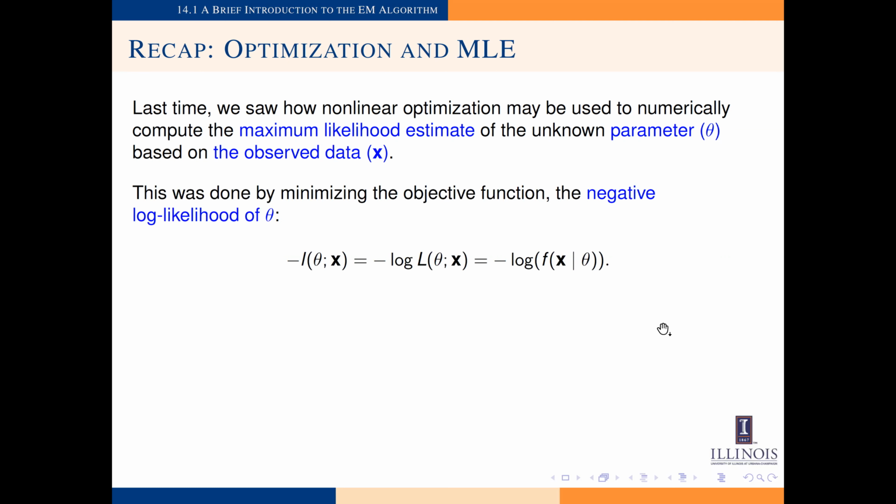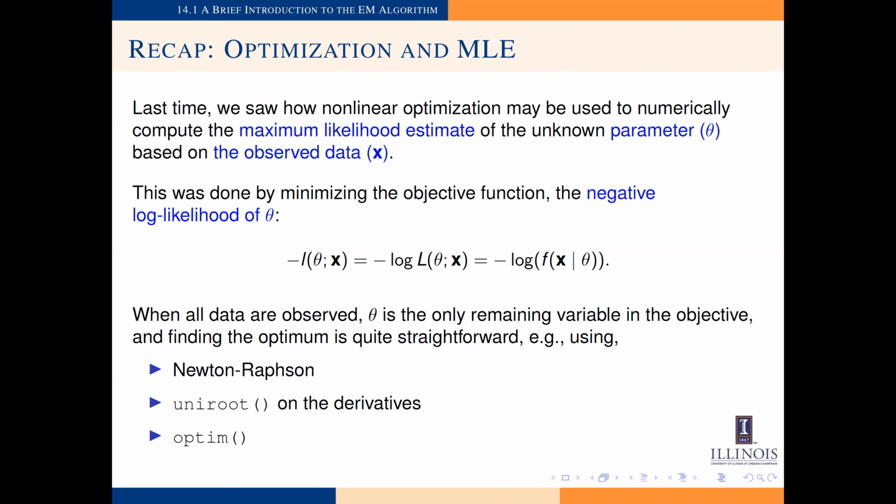This was done by minimizing the objective function, which is the negative log likelihood of theta. The negative log likelihood of theta is denoted by negative L of theta given x, and this is equal to the negative of the natural log of the joint density of all of the data given the parameter theta.